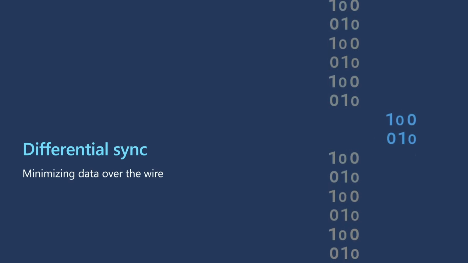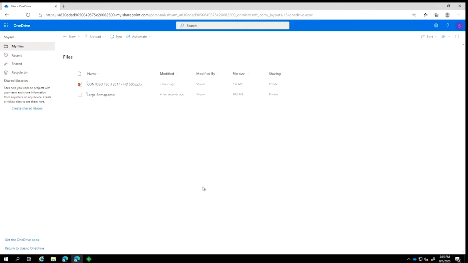I want to now switch over to my demo machine and actually show you some of the storage optimizations in real world scenarios. So here I am on my demo machine and I'm logged into my OneDrive for Business web interface. I've uploaded a couple of files, a PowerPoint file and a large bitmap file, both of which I'm syncing down locally to my machine using the OneDrive for Business sync client.